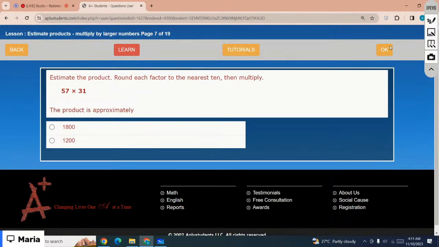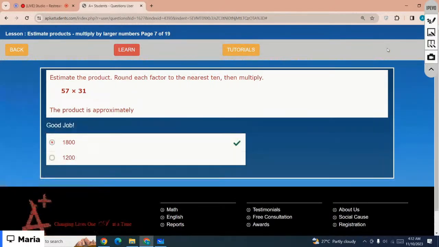So which is the correct option? 60 times 30 equals, yes, very good. That is option number 1. 3 times 6 makes 18, right? So option number 1 is the correct option.